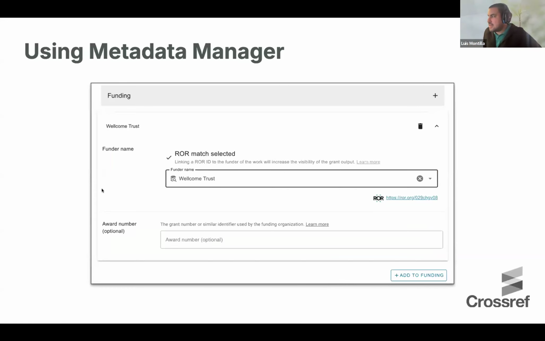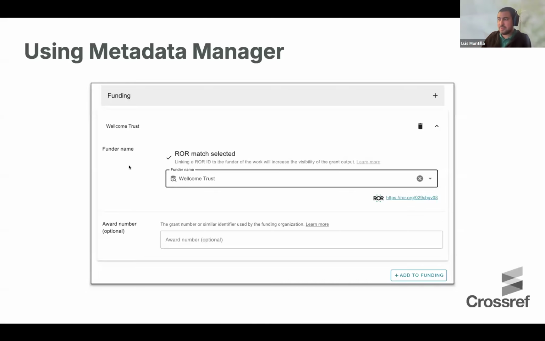Then, as I was discussing before, funding metadata. This is extremely important for all of this extra layer of context that we add to the scholarly record. So you can specify here institutions that have funded the work that you are depositing with us, with now the addition that you can also deposit institutions that are part of the ROR registry.